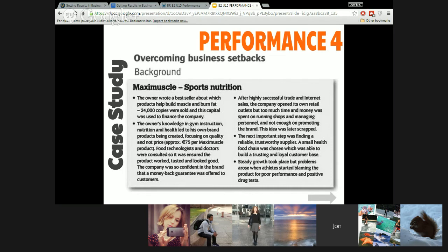Right. So they're blaming. Why would they blame this supplement for positive drug tests? Because someone was caught in a drug test. Maybe they were caught and they're trying to cover it up. Sure. But also, sometimes certain supplements or vitamins could create a false positive.